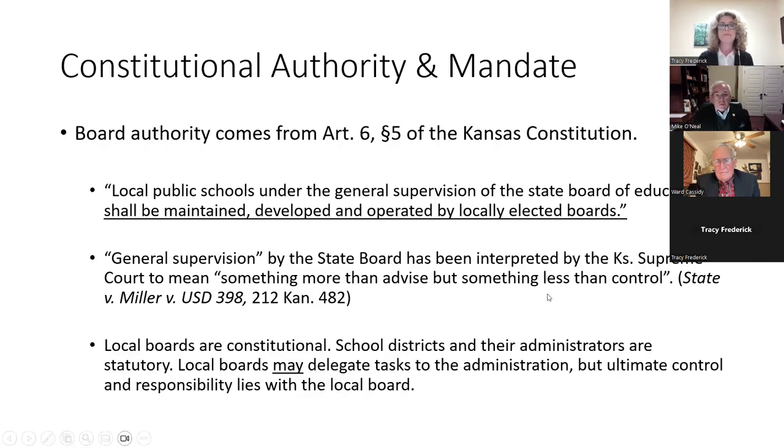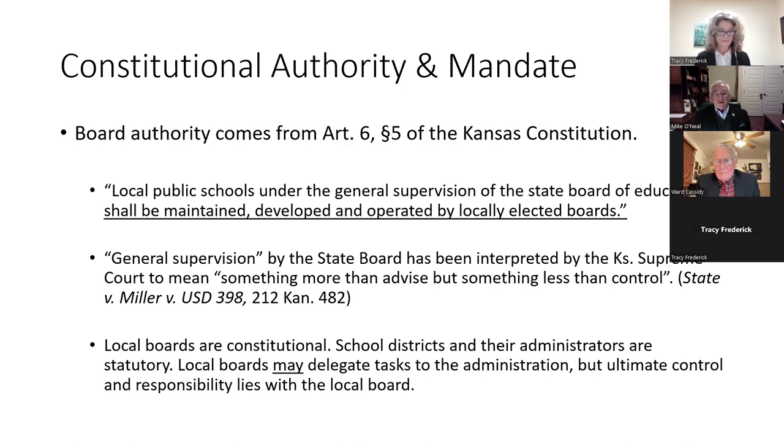So the board's authority comes directly from the Kansas Constitution. This goes back to when public schools were formed in the state of Kansas. This is nothing recent. The foundation for local school boards is Article 6, Section 5 of the Kansas Constitution. I've quoted it there.